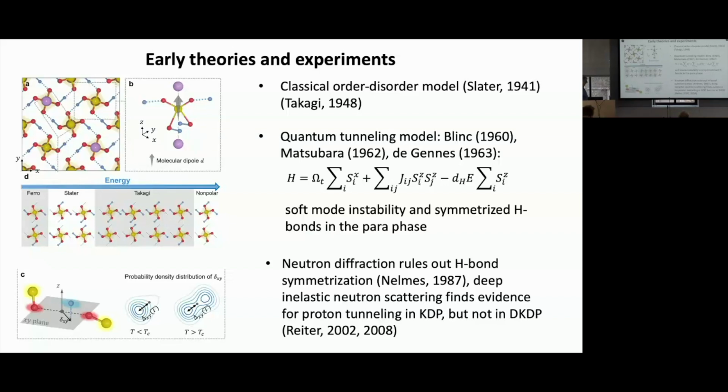I call it delta XY. Below the transition temperature there is broken symmetry, and so the proton is on one side, but the displacement does not change much if we go from below the transition temperature to above the transition temperature. That is also known from experiment.